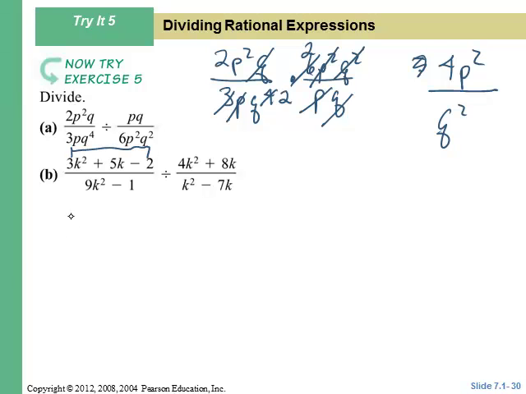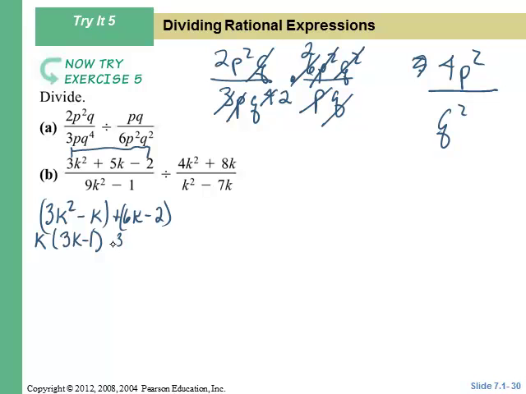This first one factors, we have to split the middle term. What numbers multiplied equal 6, added equal positive 5? So it would be 3k squared minus k plus 6k minus 2. So we can factor a k out of the first one, so we're left with 3k minus 1.